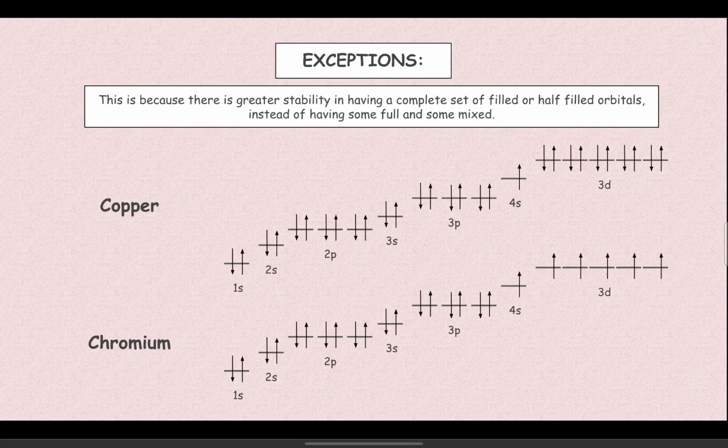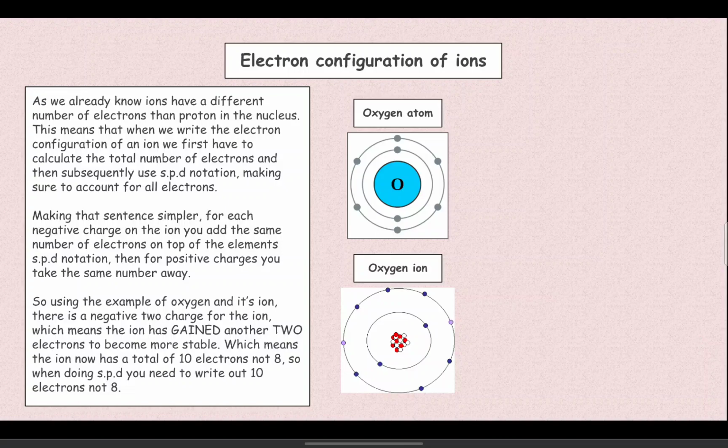And that's just going through it again. This is because there's greater stability in having a complete set of filled or half-filled orbitals instead of having some full and some mixed. So now we're nearly done. We've got the electron configurations of ions, and this is how we do s.p.d notation for ions, which doesn't differ from atoms, to be fair.